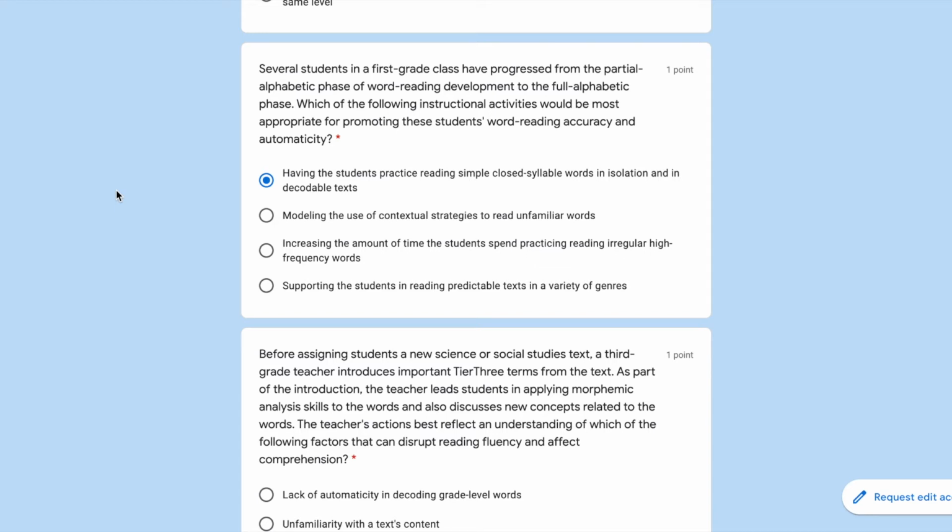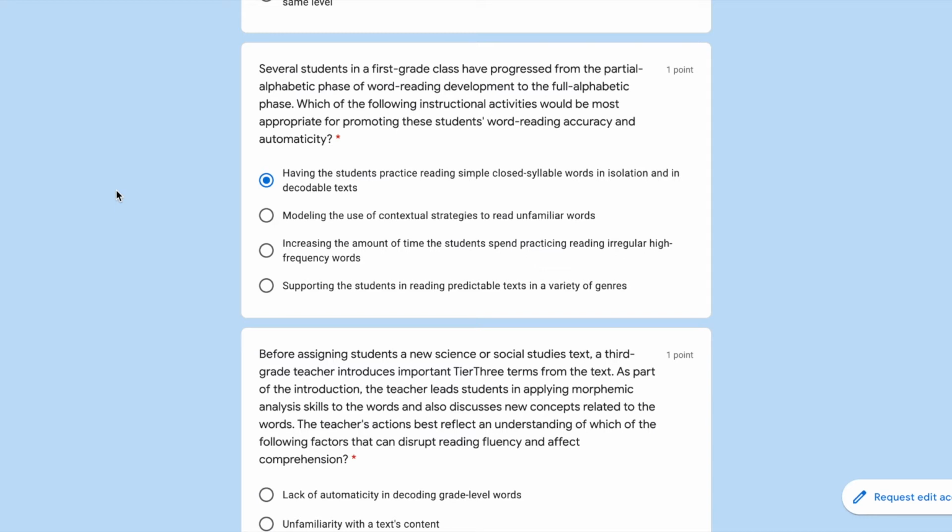Students in this earlier partial alphabetic phase of word reading read words by forming partial connections between the more salient sounds in a word and the sounds we find in graphemes or letter representations. So students at this stage primarily rely on predicting words from the initial letter sounds that they already know, as well as the context. So they might look at a picture and kind of guess, okay?